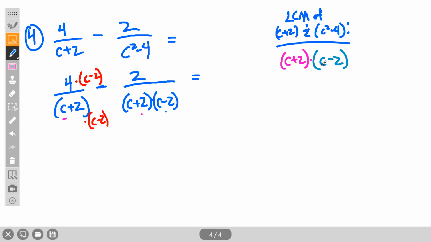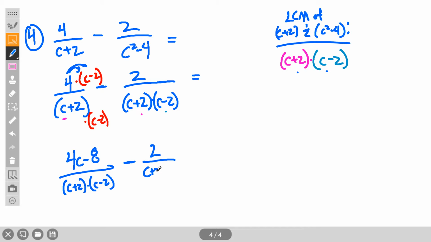Now, the second fraction already has both of them, so I don't need to do anything to that one. So I'm going to distribute here. That's 4c minus 8 over c plus 2, c minus 2, minus 2 over c plus 2, c minus 2.